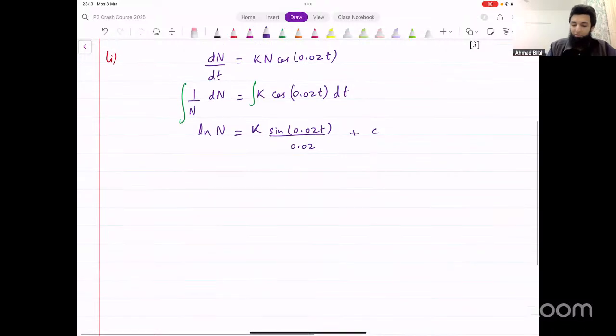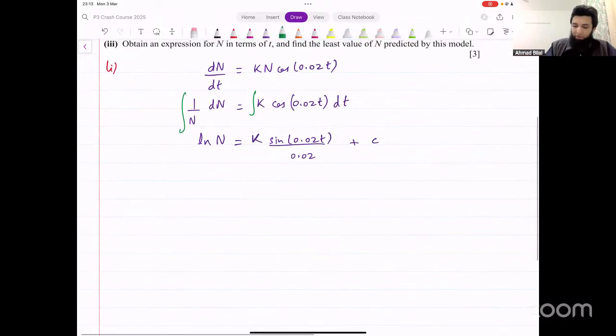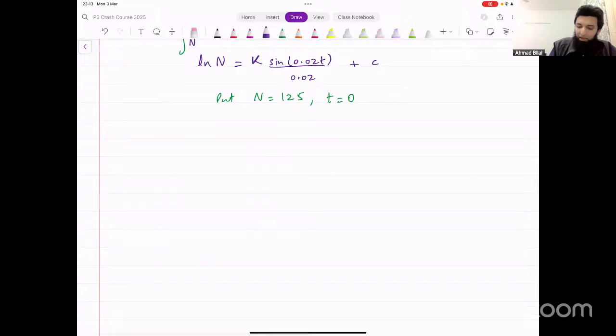Okay. Now, what can we do for this? We can just input that point, that is n equal to 125 and t equals 0. Let's input that here. And that gives us ln of 125 equals k into sine of 0.02 times 0, that's a 0, divided by 0.02, plus c.